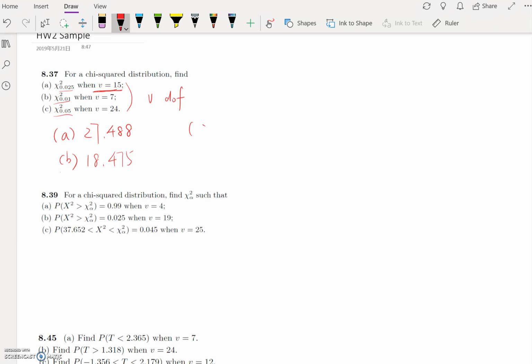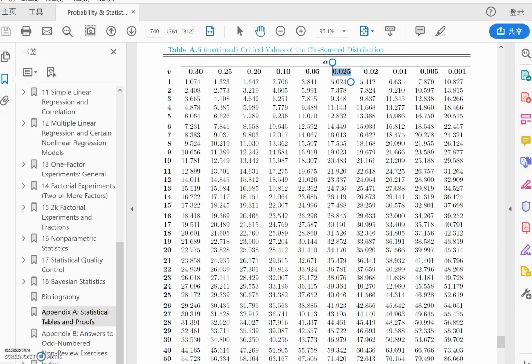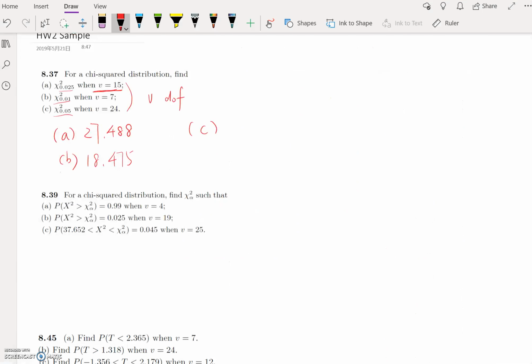And for problem C, alpha equals 0.05 and V equals 24. So we find the value through the table, 0.05 and 24. It should be this one, 36.415. So problem 1 is solved.